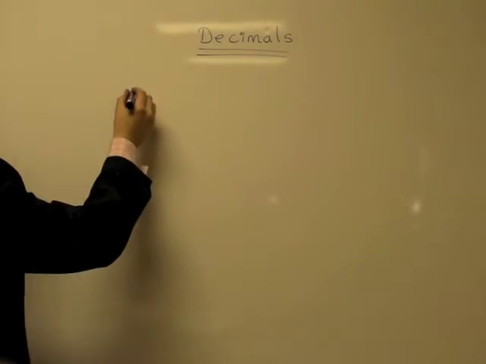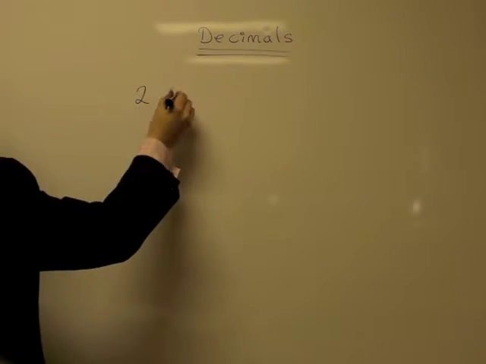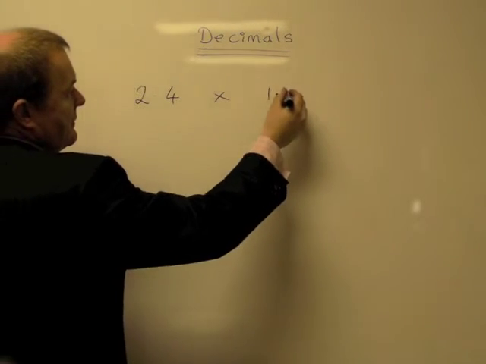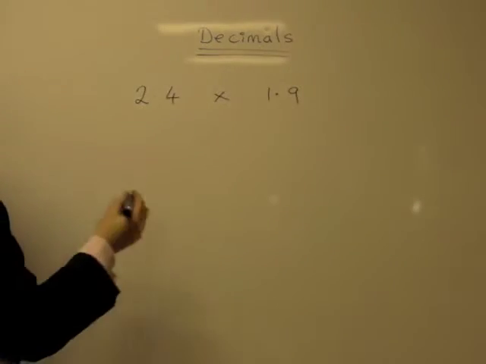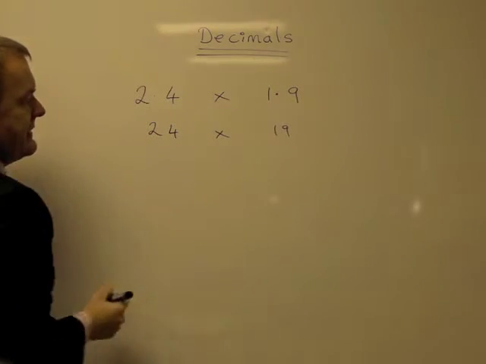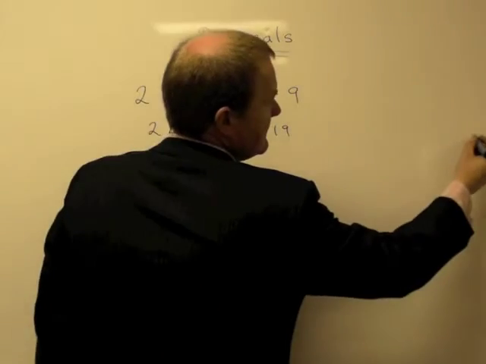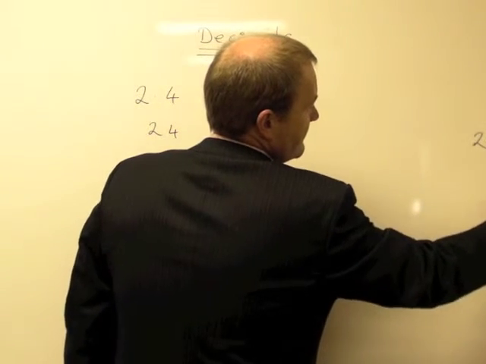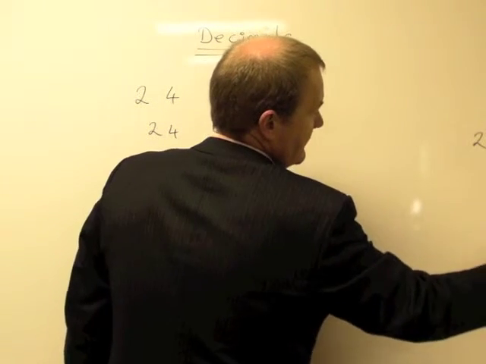Another example, 2.4 times 1.9. So again, let's ignore the decimal point. 24 times 19. So I've got to work out 24 times 19.